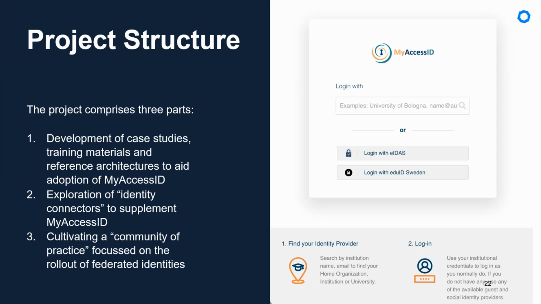Then the second part consists of exploration of alternative identity connectors to fit cases where MyAccessID may not be suitable, or maybe when MyAccessID goes down, what do we do? And the third part is about cultivating a community of practice so that we can make other DRIs interested in using MyAccessID as a federated IAM solution.